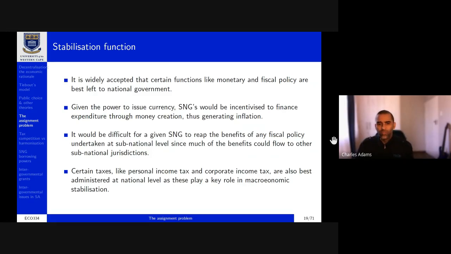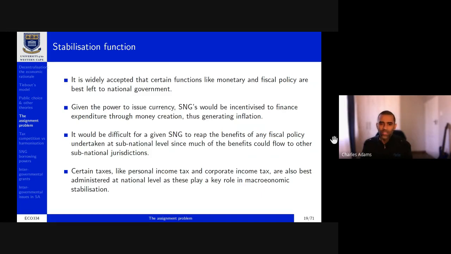Also, it would be difficult for a given subnational government to reap the benefits of any fiscal policy undertaken at subnational government, since much of the benefits could flow to other subnational jurisdictions. So again, fiscal policy is best undertaken at national level.